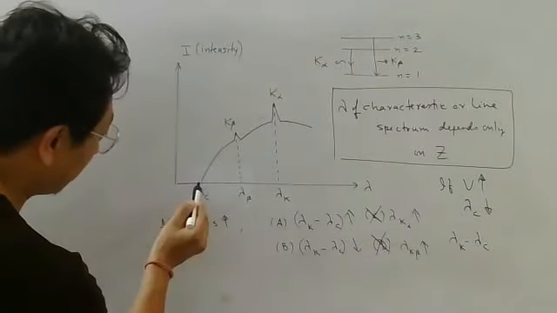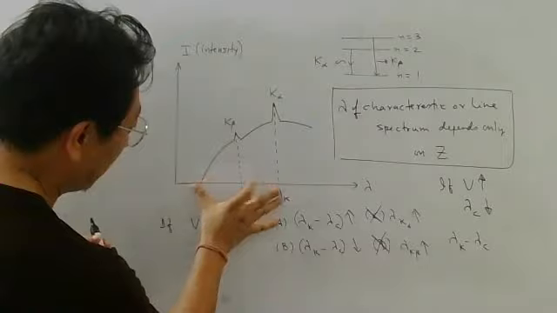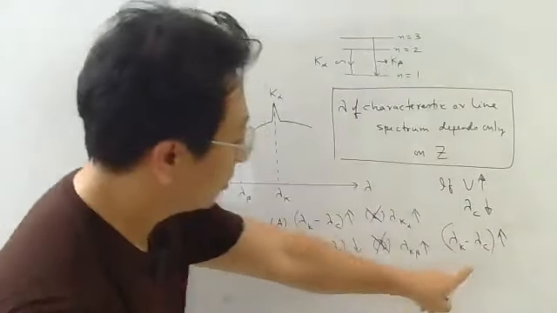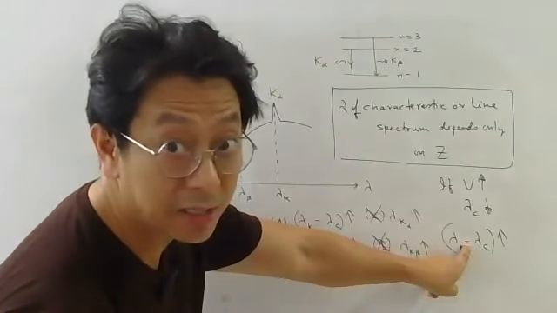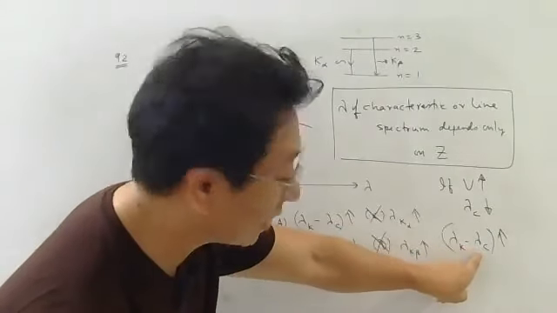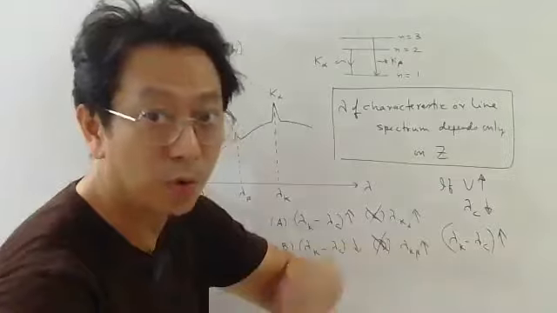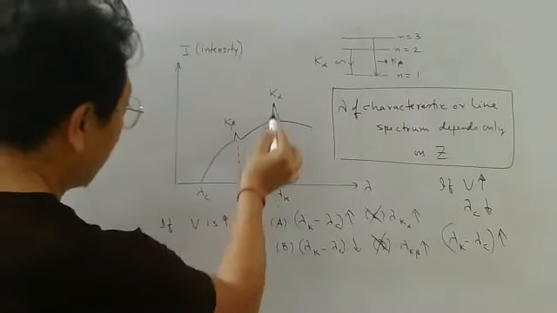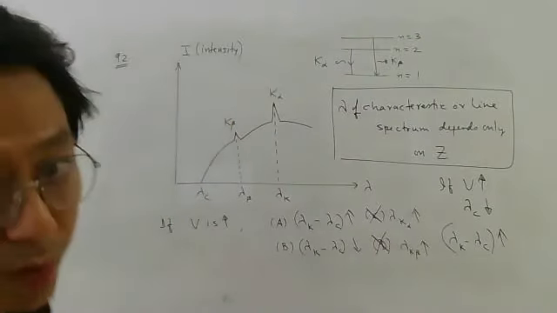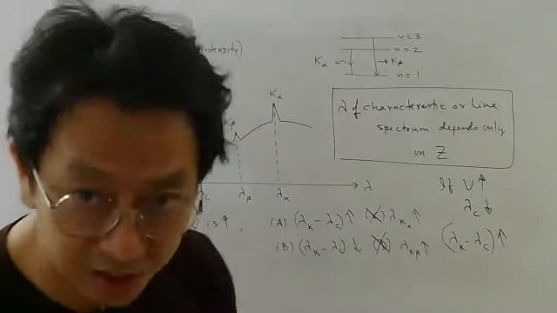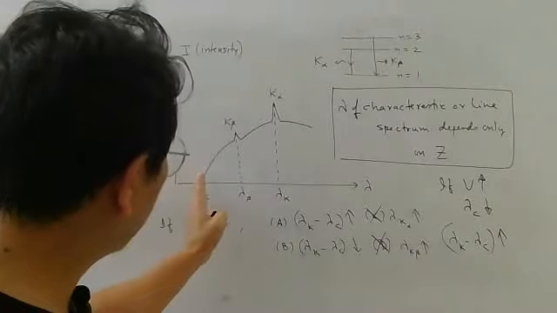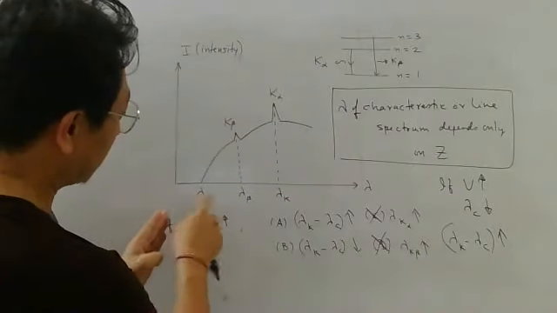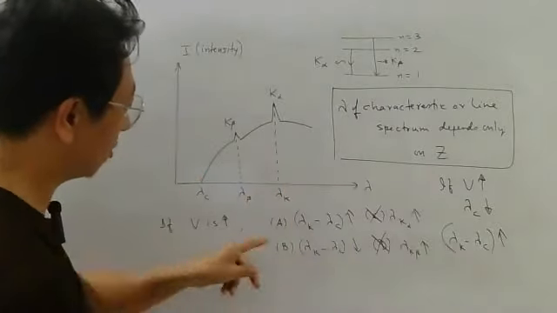So if lambda c goes this side, this gap will increase. There is a minus sign here, so if you subtract less and less, you will get more and more. Since the wavelength of the characteristic line spectrum will not change due to voltage, but the cutoff wavelength will become less, the gap between this coordinate and this coordinate will increase. So option A.